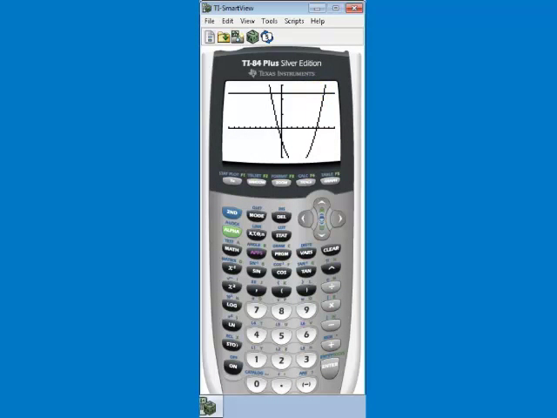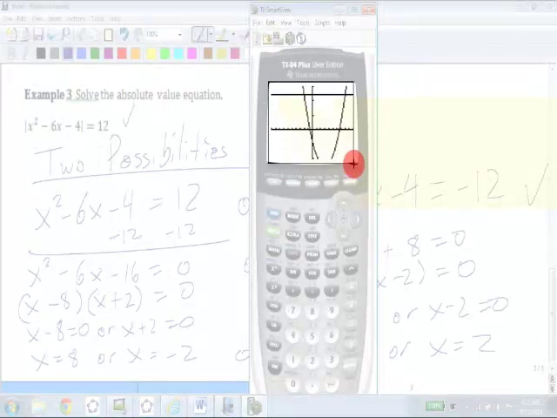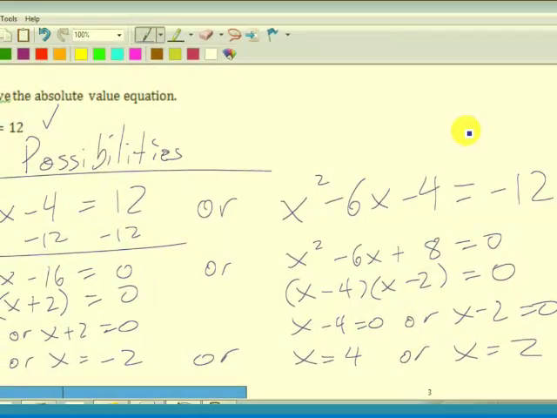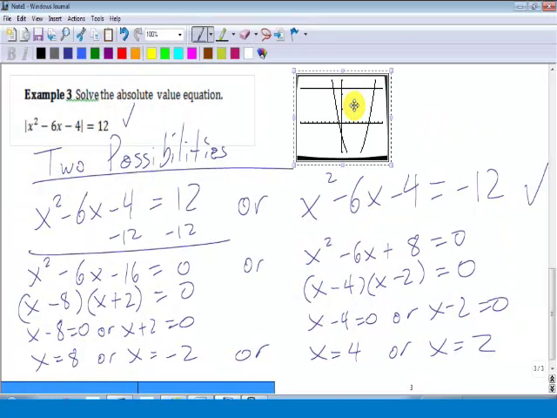if there's no absolute value. But if there's absolute value, we've got to think, what is putting absolute value around that x squared minus 6x minus 4 going to do to the graph? Whatever's above the x-axis is not going to be changed.